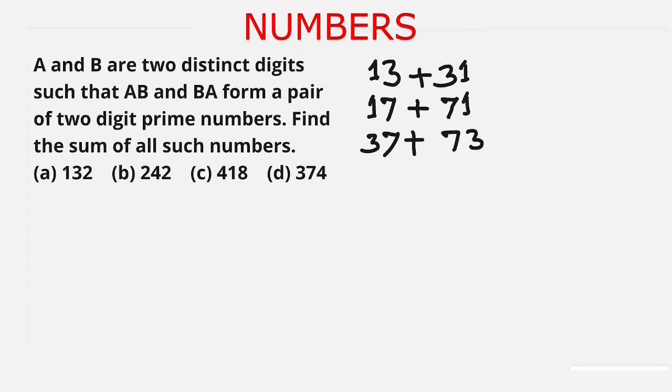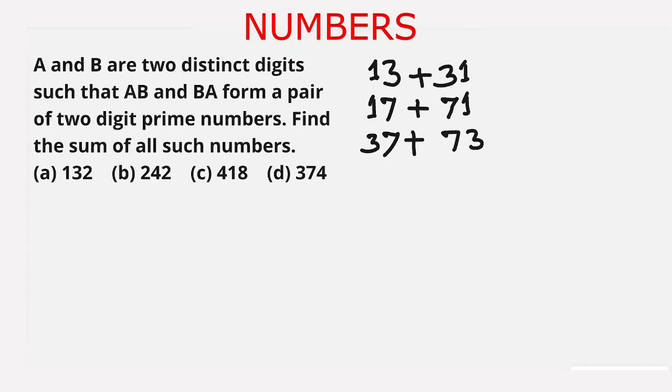So all the numbers in the row of 61, on reversing, will give an even number at the start, so we leave that row of 61 to 70. The next number is 71, which we have already used in 17 plus 71. Then the number is 73, which we have already used in 37 and 73.